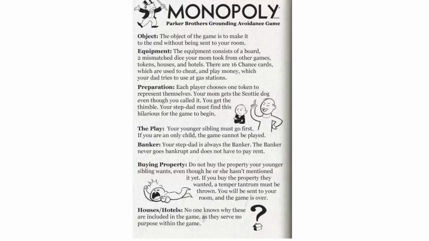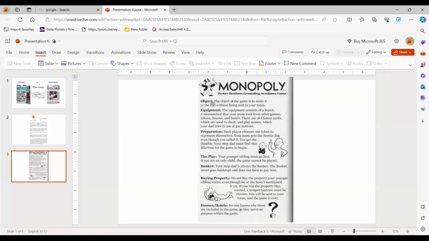The equipment here, it's telling you a board, dice, cards, okay, and preparation. It is written in a bit of a funny way, but it is instructional. So it's just giving you instructions for how to play the game. So there were just some examples there of the different text types.